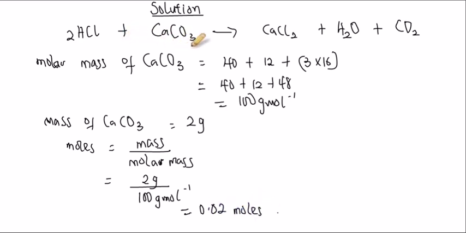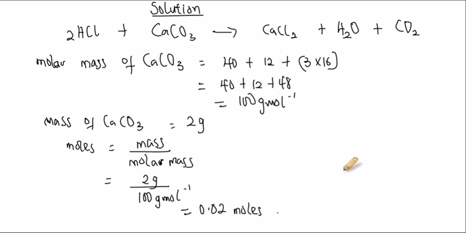So from the equation above, we can conclude that 1 mole of calcium trioxocarbonate 4, the coefficient here, will yield 1 mole of carbon dioxide. So if we have 0.02 moles of calcium trioxocarbonate 4, definitely we'll have 0.02 moles of carbon dioxide as well.